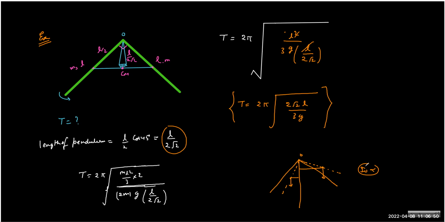So I'm getting 4 root 2 L by 3. No, the answer cannot change, right? So you're getting 4 root 2 by 3.